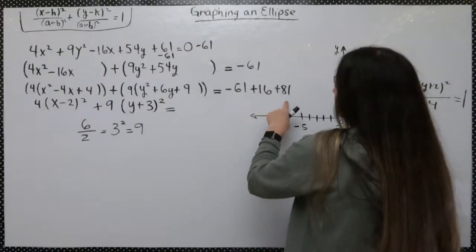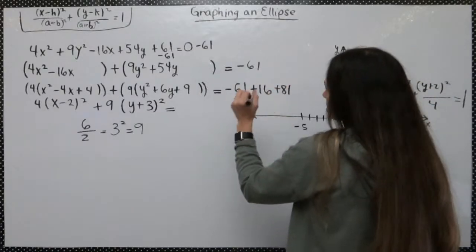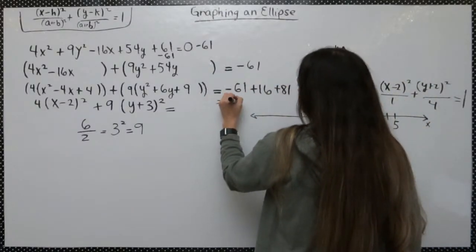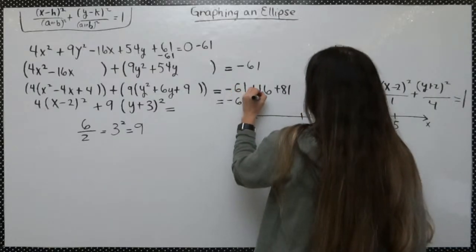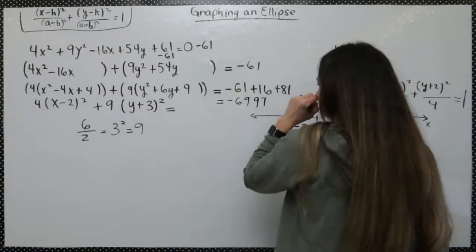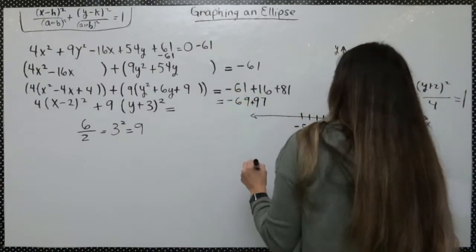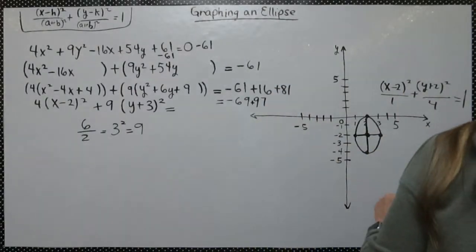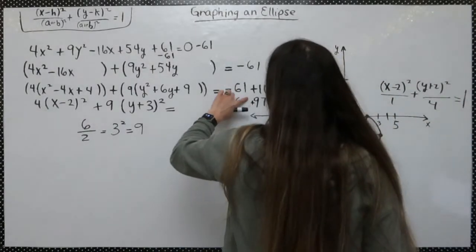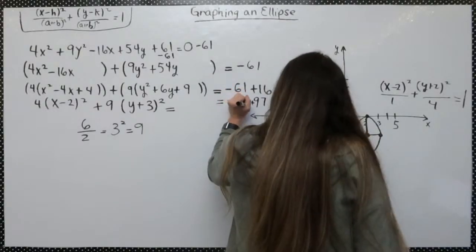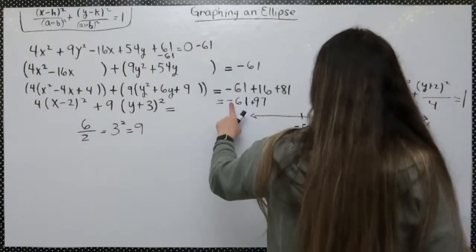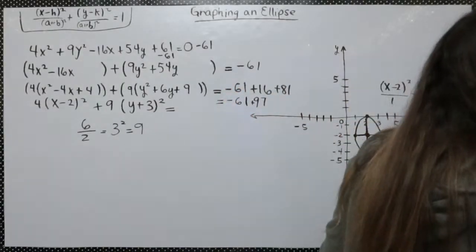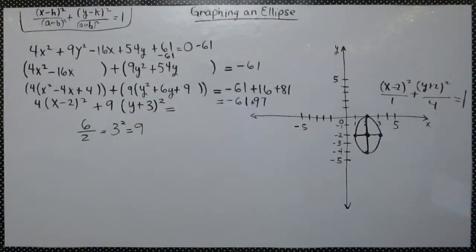And so that's 97 minus 61. Let's see, what is that? It's negative 61, positive 97. Anyway, it's 36.